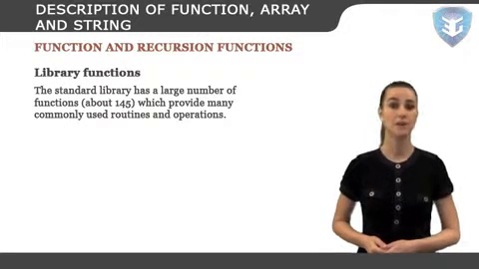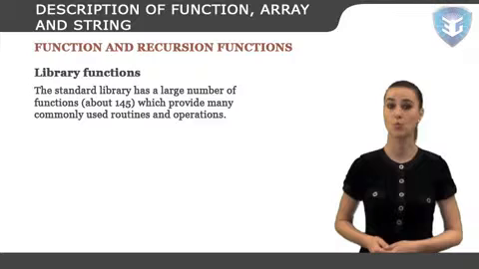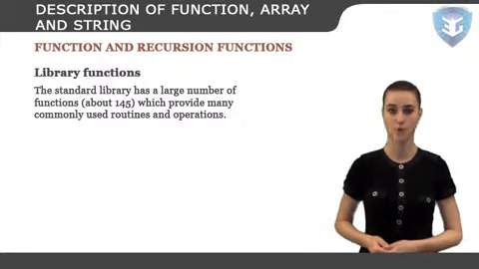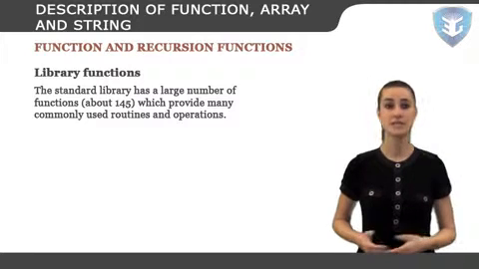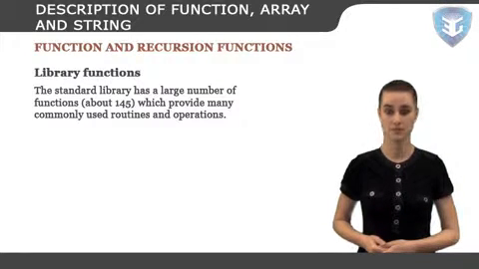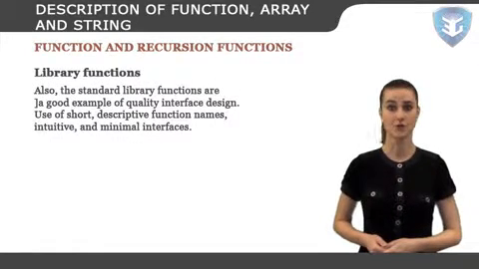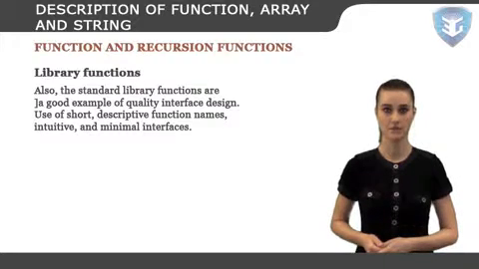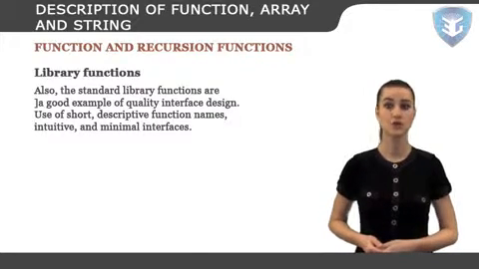Library functions. The standard library has a large number of functions, about 145, which provide many commonly used routines and operations. These functions exist on all standard conforming systems. They are portable and correct, so use them before writing implementations of your own. Also, the standard library functions are a good example of quality interface design: use of short, descriptive function names, intuitive and minimal interfaces.